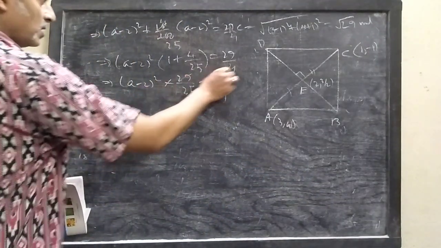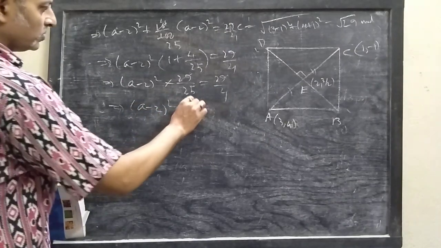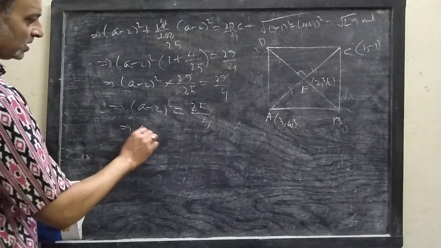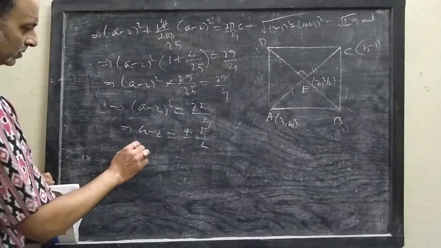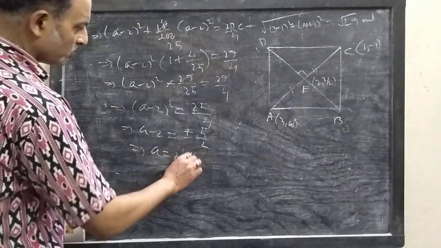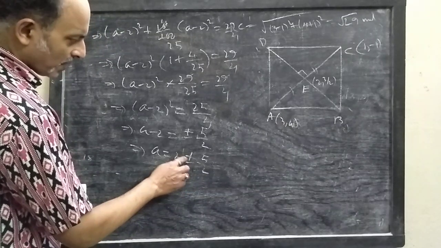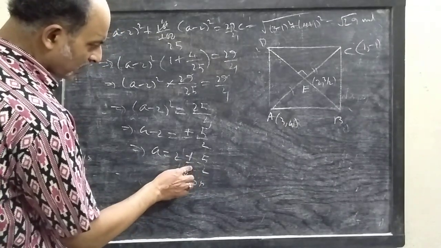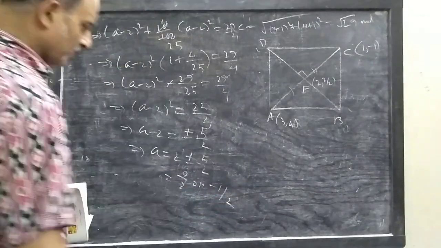So cancel 29, you get (a minus 2) whole square is 25 by 4. Then this becomes a minus 2 equals to plus minus 5 by 2. That is a equals to 2 plus minus 5 by 2. If you consider plus, then it becomes 9 by 2. Or if you take minus, then it becomes minus half.